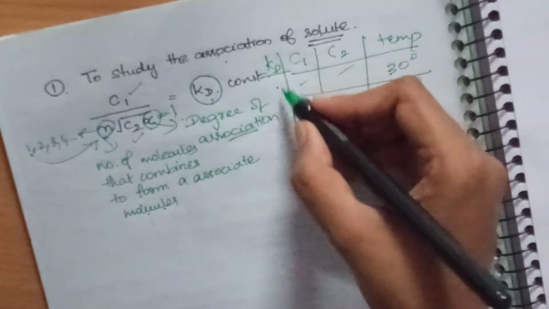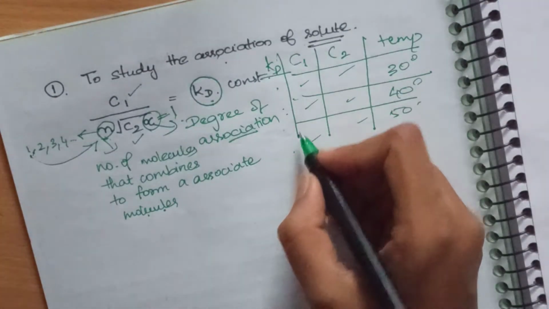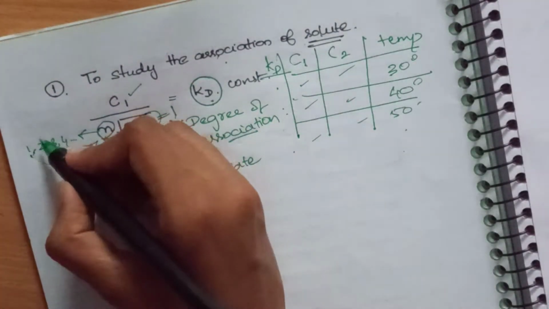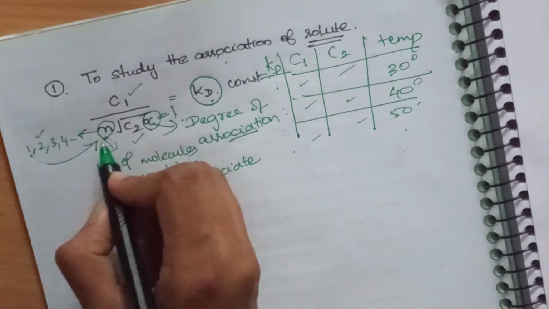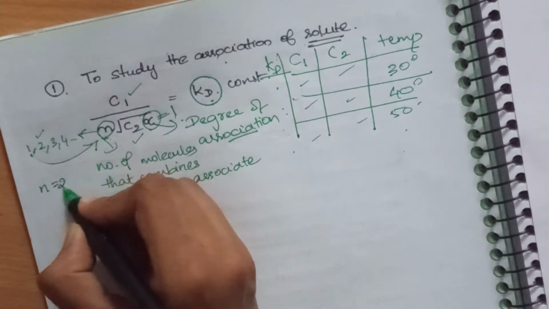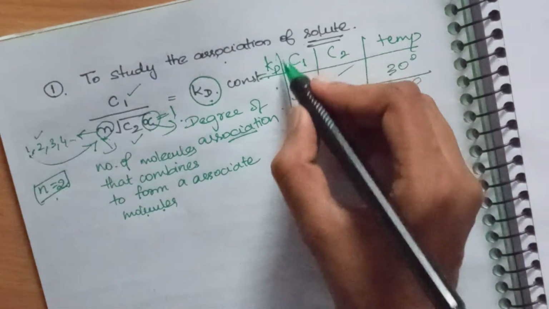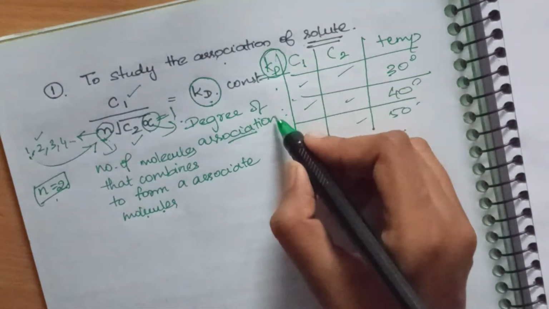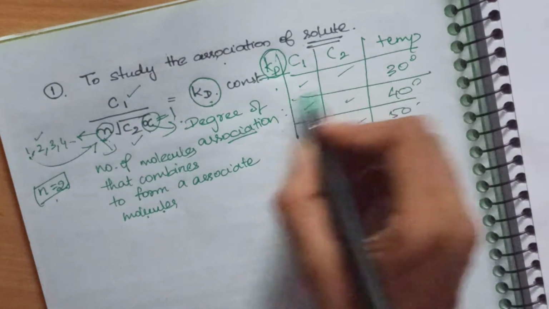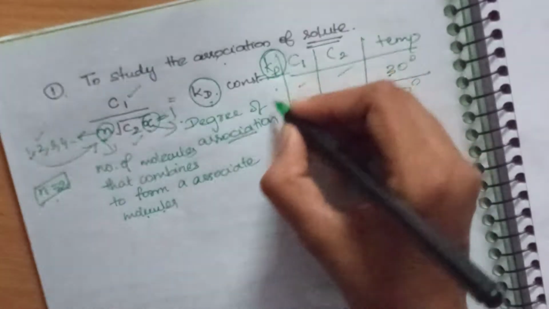If not, I am getting some random values, then you can go for the next number. If I put N is equal to 2, it was found that the partition coefficient for each and everything was constant.